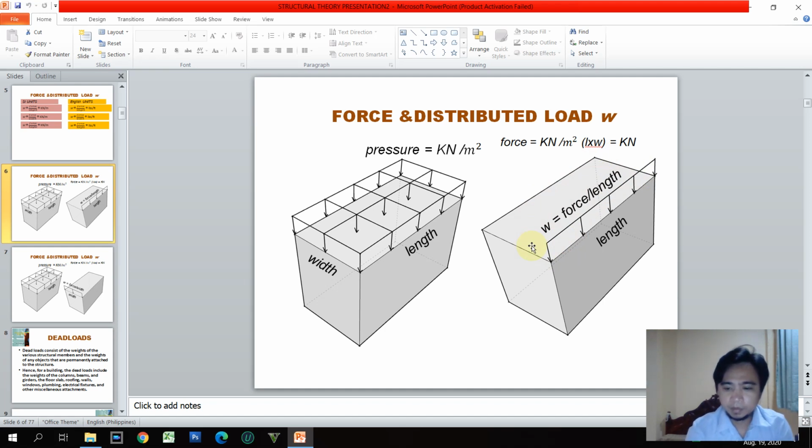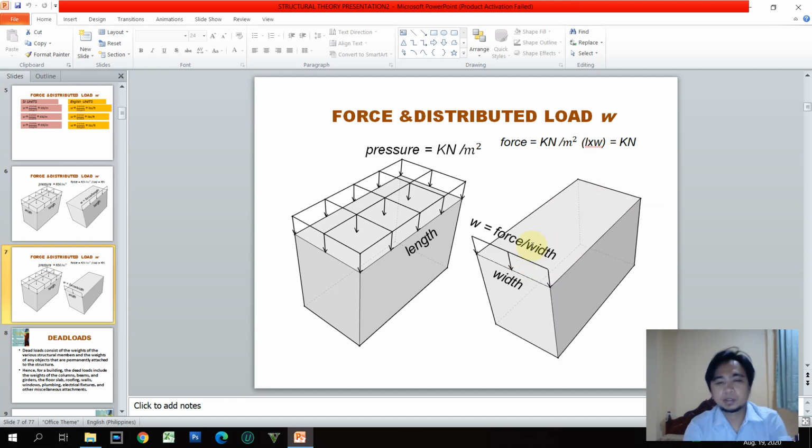Okay, so similarly, if we have the distributed load W, we want to distribute this pressure along the width. A while ago, the divider is the length. Now the divider should be the side where you want to distribute the certain loading.